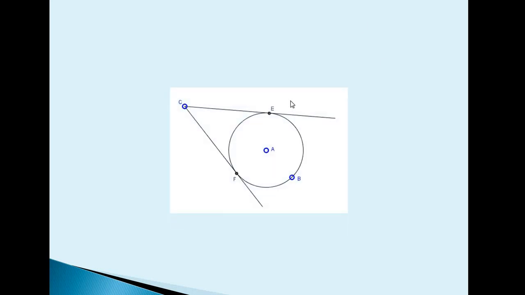Again, you can see that I have taken a point exterior to the circle, and through this exterior point I have drawn two tangents, CE and CF. That means it is very clear that from a point in the exterior of the circle, at the most you can draw two tangents.